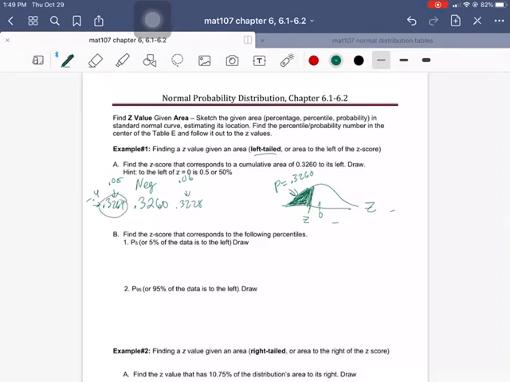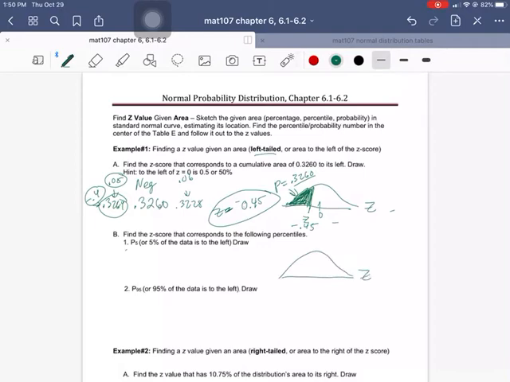So you want to use the closest one. So this is going to be at negative 0.45. Let me write that down. So z equals negative 0.45. That's what the area to the left would be, 0.3260. Okay?